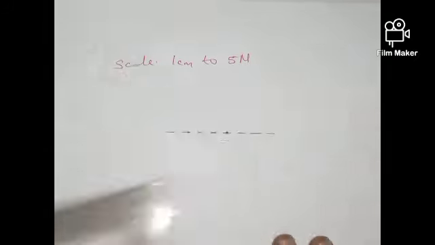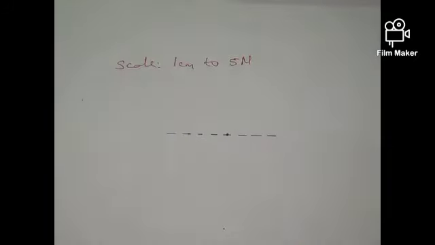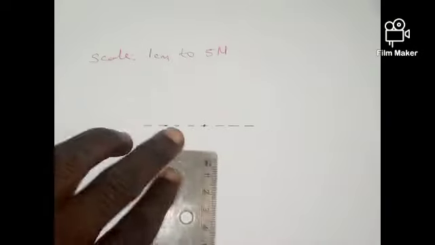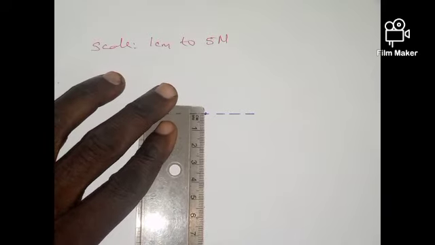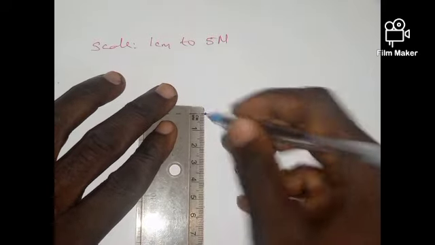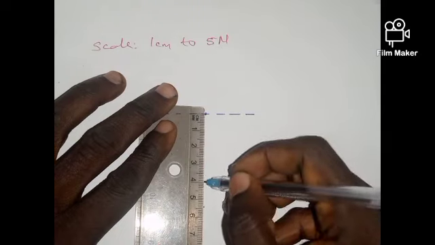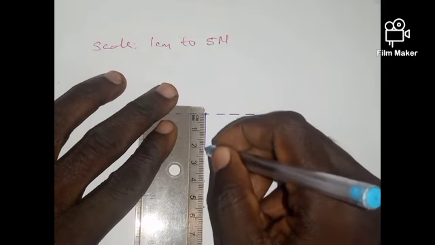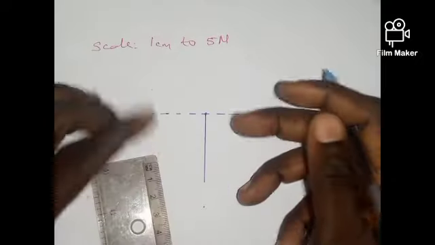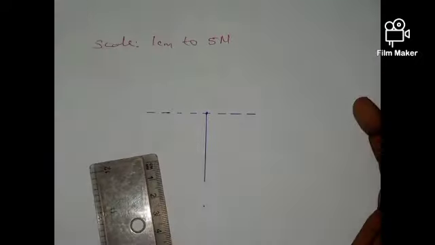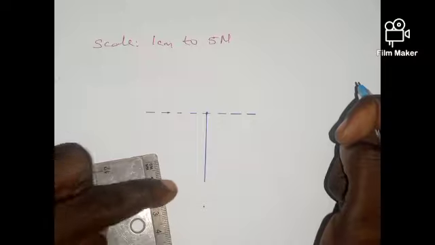Since I have a scale of 1 cm to 5 Newton, I'm going to measure 4 cm from this. So this is 4 cm. We may not even be needing the horizontal line anyway.